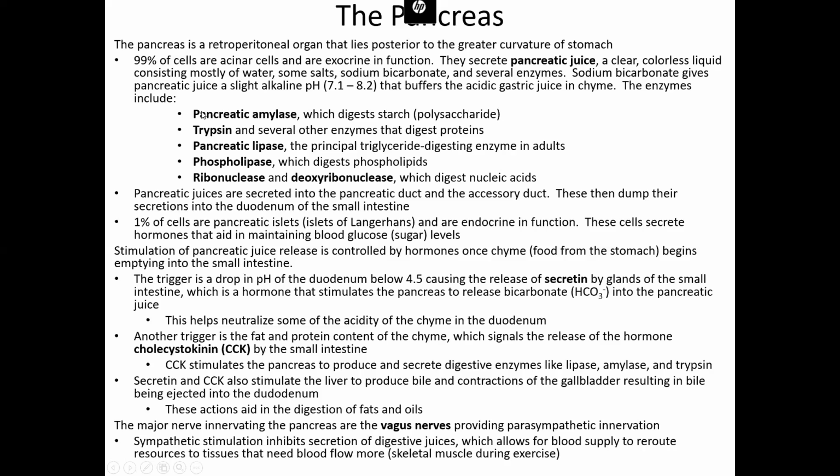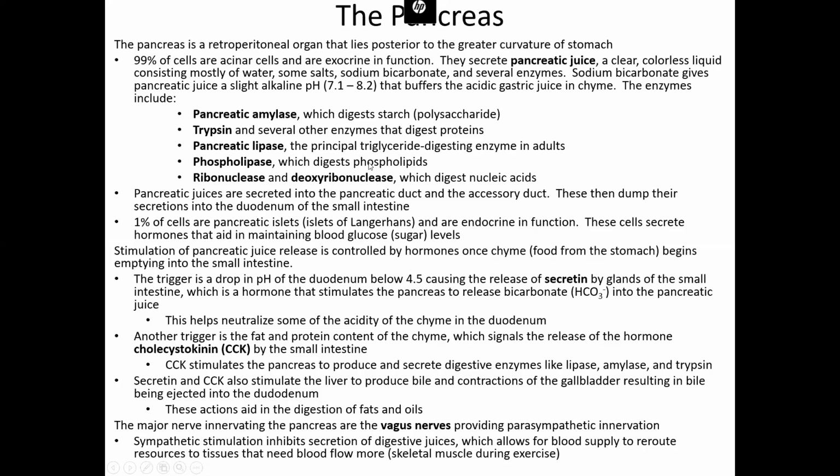Okay, let's talk about the enzymes. First, pancreatic amylase is our second digester of carbohydrates, starches. Remember, those are polysaccharides. Trypsin is another protein digesting enzyme. Pancreatic lipase, as you can see, is listed as our principal triglyceride digesting enzyme in adults. So this is our most important fat digesting enzyme.